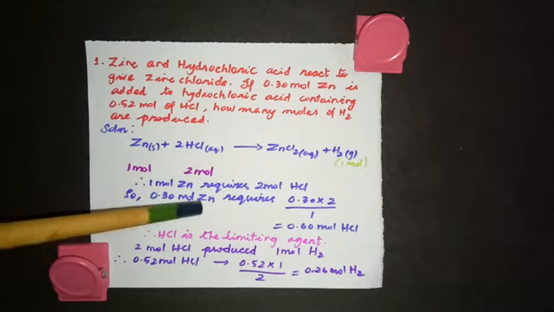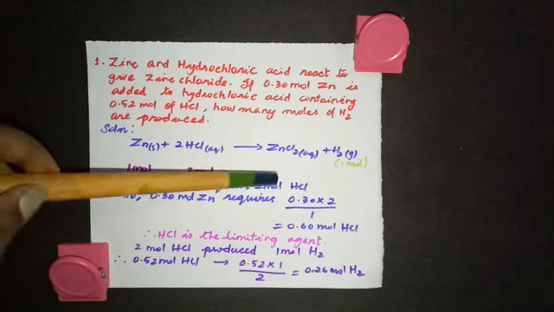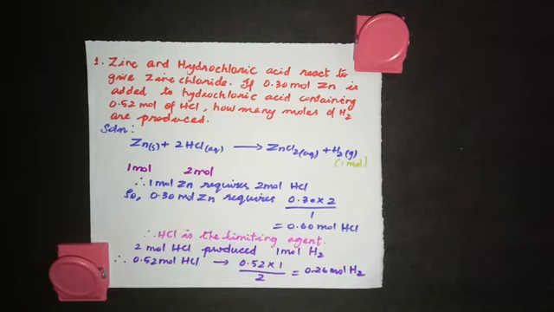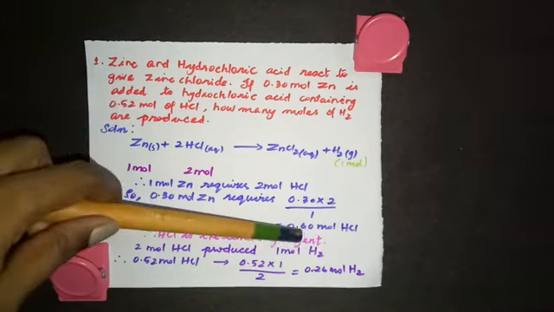So 0.30 mole zinc requires 0.30 into 2 divided by 1, that gives you 0.60 mole HCl. So for 0.30 mole zinc, 0.60 mole HCl is required. But what is given in the question? 0.52 mole. So it is present in lesser amount than required.